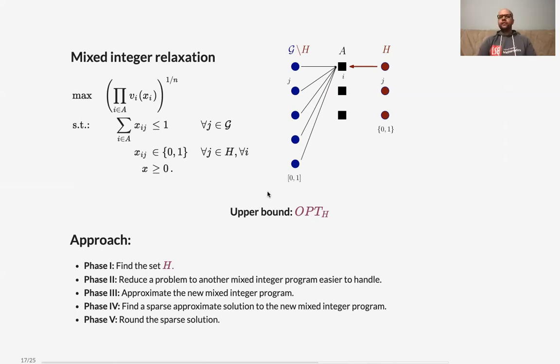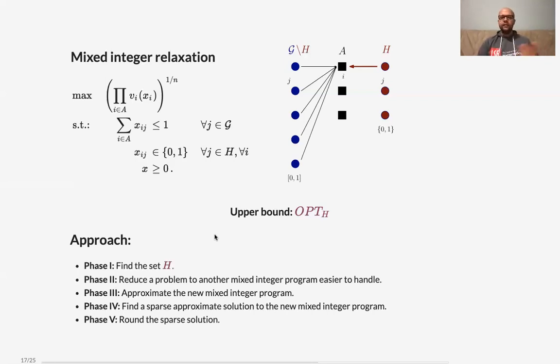So this is our starting point. And let me try to give you an overview of how we now manage to design an algorithm. First, I will tell you how we choose this set of goods that will be assigned integrally, and this is important. Then I will tell you that we actually don't need to work with this mixed integer program, but a slightly different mixed integer program that is easier to handle and has a bit more structure to it.